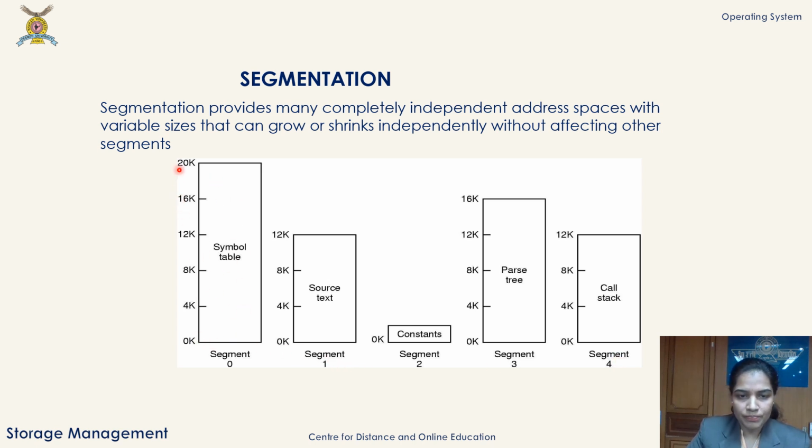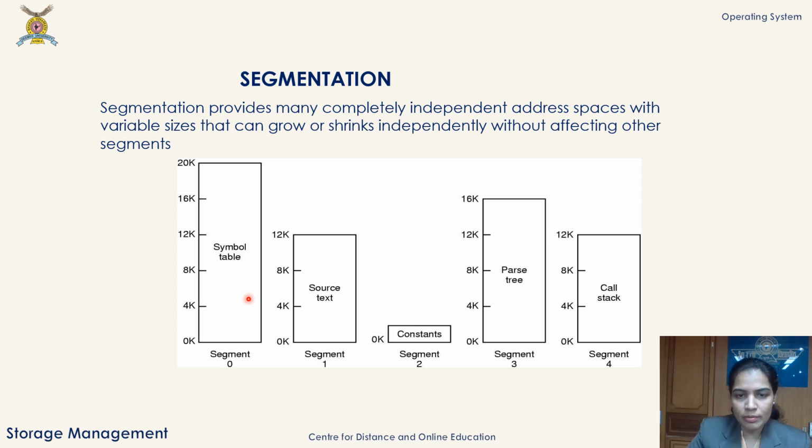Segment 0 requires 20K. Segment 1 is with 12K. We have segment 3 with 16K of memory and segment 4 with 12K of memory. So here the segments can grow or shrink as per the execution of the process, and it will not affect the other segments.